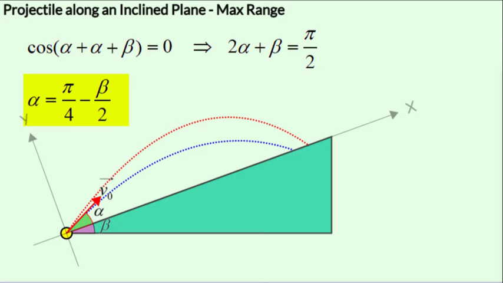So in order to get a maximum range on an incline with an angle of inclination of beta, the launch angle with respect to the incline should be 45 minus beta over 2.